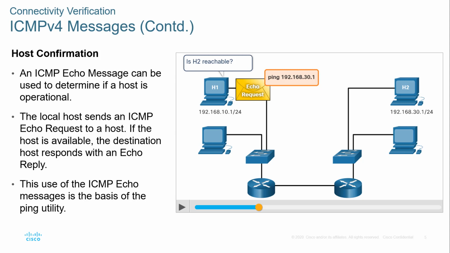This will be used to determine if the host is operational or is responding. So the local host will send the echo request. The respondent should receive it and then respond. This will use the ICMP echo message in the basic form of the ping utility.